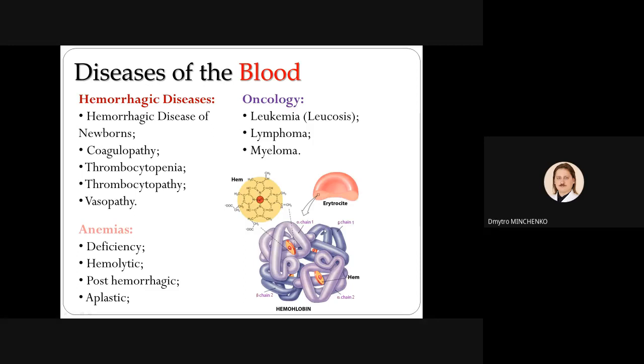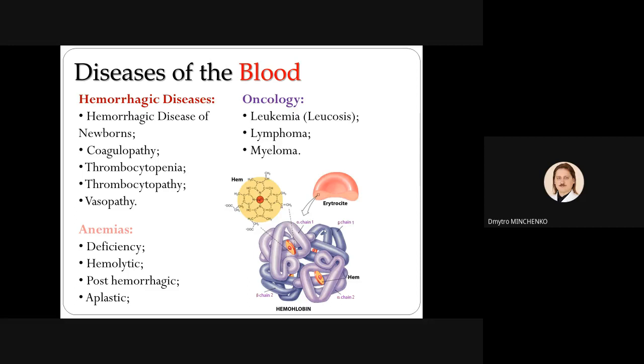Let's focus now on the pathology. Diseases of the blood. They can be divided into 3 basic categories. Bleeding disorders, or hemorrhagic disorders. Examples: hemorrhagic disease of newborns, coagulopathy, thrombocytopenia, thrombocytopathy, vasopathy.